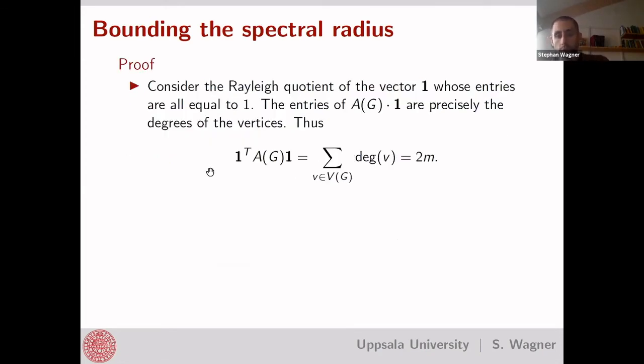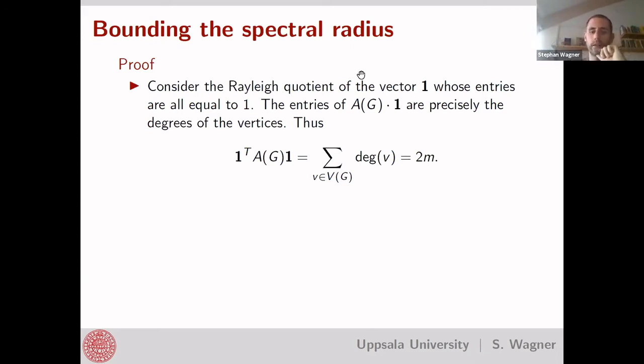And the way to do that is to consider Rayleigh quotients. Specifically, take the vector where all the entries are 1, then you find that the numerator in the Rayleigh quotient is 2m, 2 times the number of edges, because if you take the adjacency matrix times the all-ones vector, then in the matrix product, in each row, you're just adding up the ones in the adjacency matrix. So you're adding up as many ones as the degree of the vertex is.